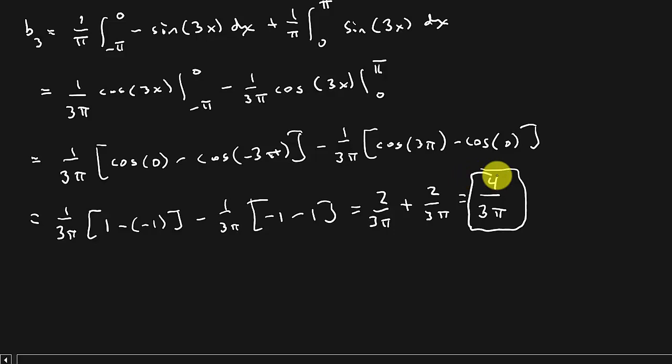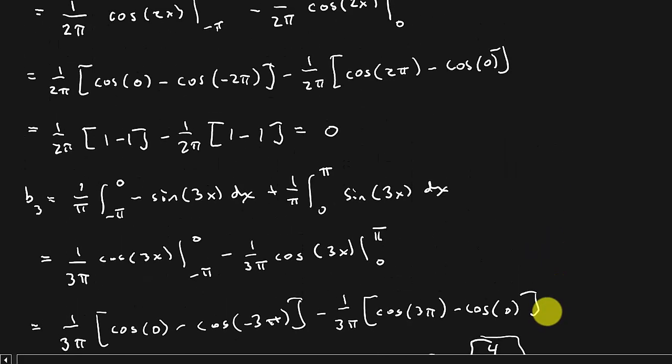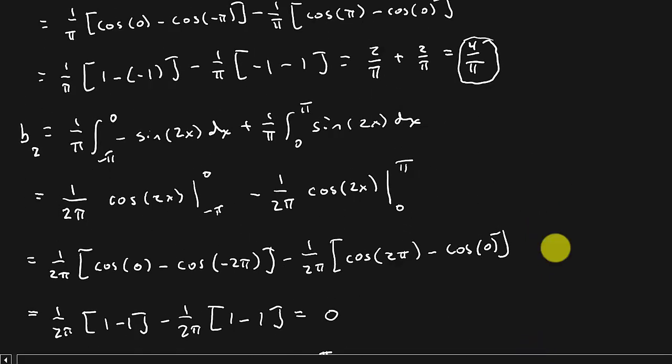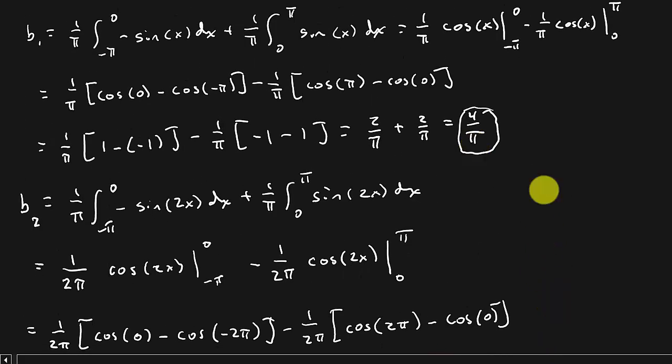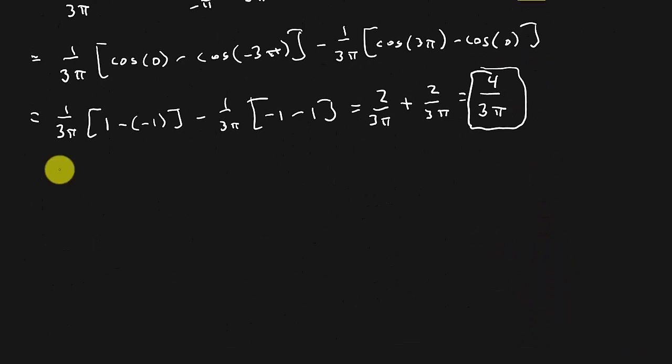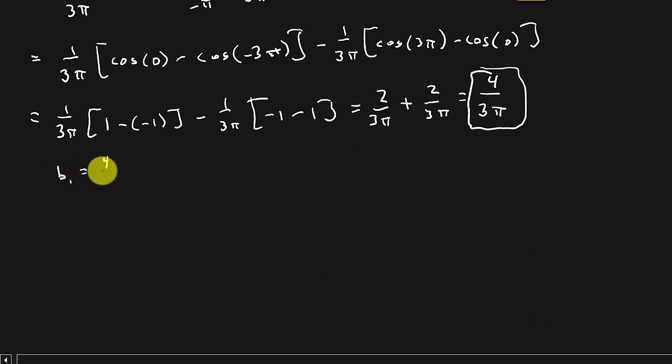Okay. All right. So in this problem, we can actually see a pattern. B1 is 4 over pi. Let's just write that down. B1 is 4 over pi. B3 is 4 over 3 pi. And B2 was 0.